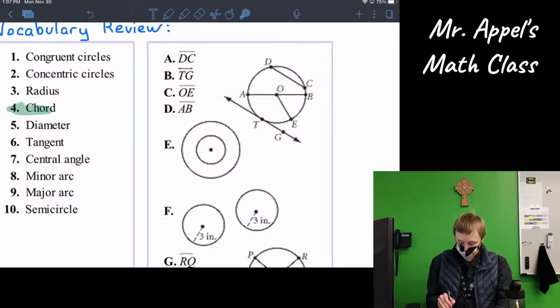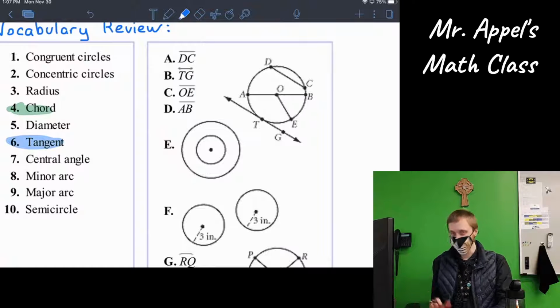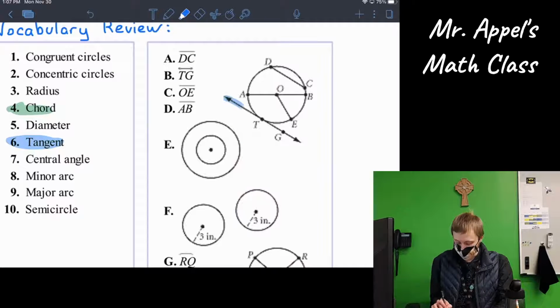Option D is indicated. And our special guest today, the tangent. I'll go ahead and give this one to you. That's this guy right here, line TG.